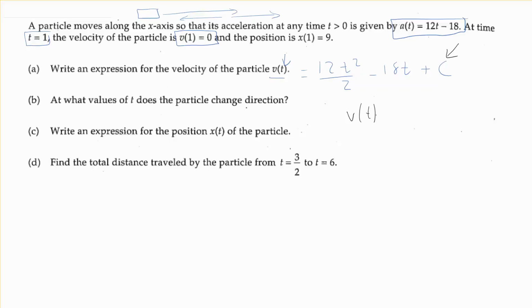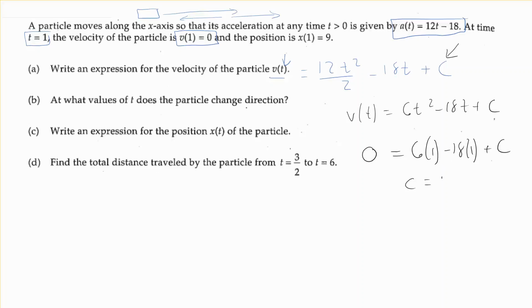V of t equals 6t squared minus 18t plus c. Now, v of 1 is 0, so when I put a 1 in for t, I put a 0 in for v, plus c. This is how I'm going to solve for c. So 6 minus 18 is negative 12.